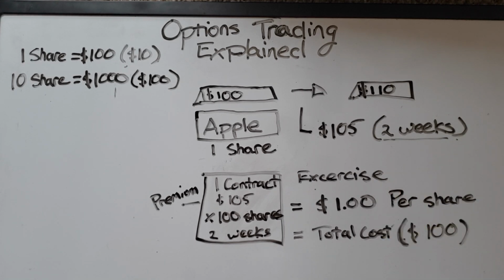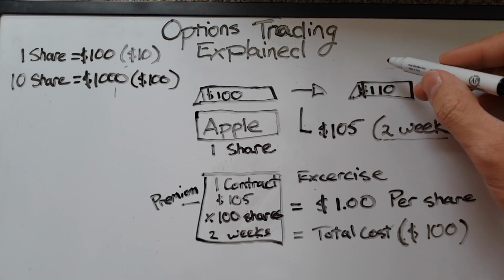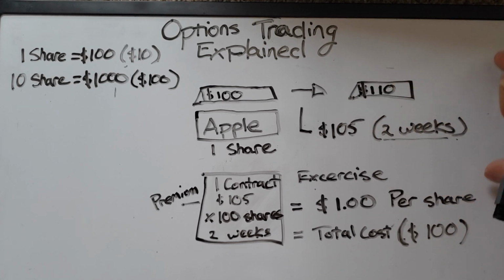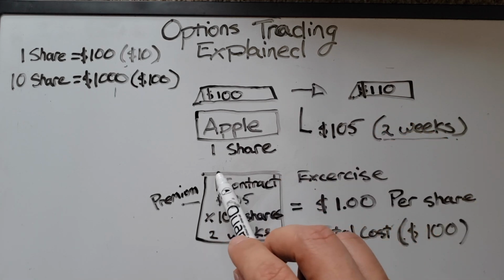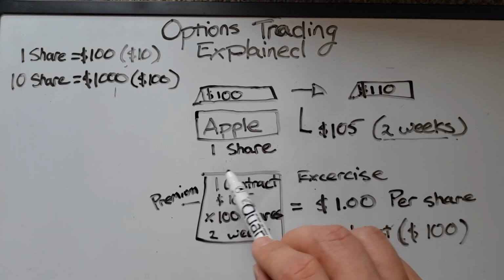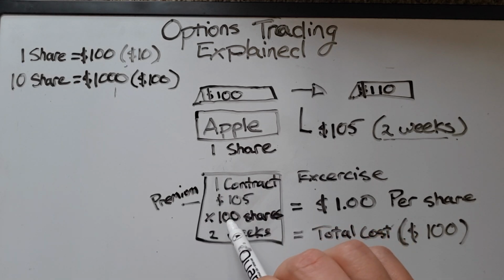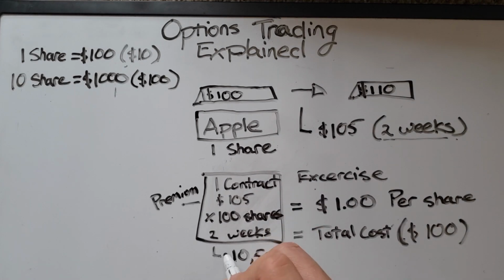Let's take, for example, Apple decides to hit this 110 price. That is the price of one Apple share. You have a contract that you can exercise at 105 and beyond, as long as it's in the money. So you decide to exercise your contract, meaning I'm going to go ahead and purchase 100 shares for $105. Your total cost here would be $10,500.